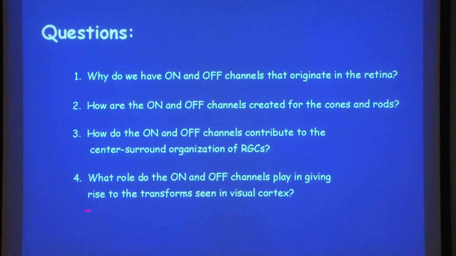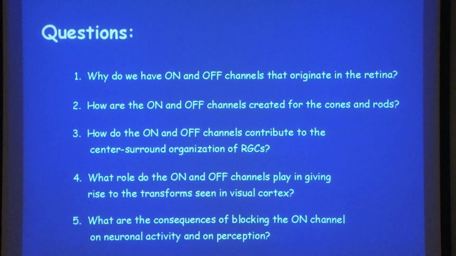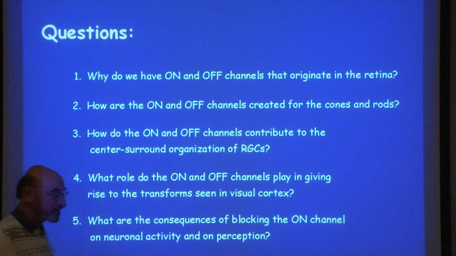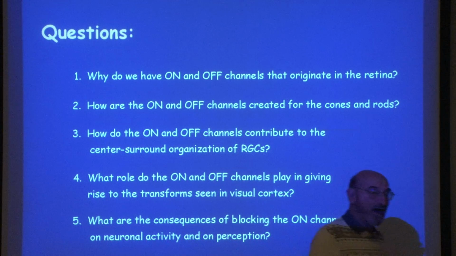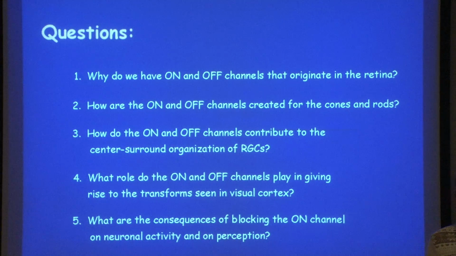Then we're going to ask, what role do these channels play in giving rise to the transforms that we had discussed the last time in visual cortex? And lastly, we're going to ask, what are the consequences of blocking the on channel on neuronal activity and on perception? This last question will be successful in answering several of the questions that we pose as to why we have this curious arrangement of on and off channels in the retina.